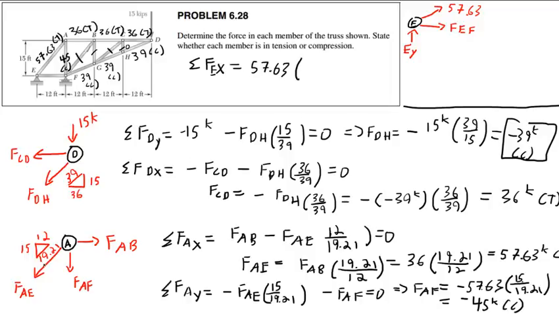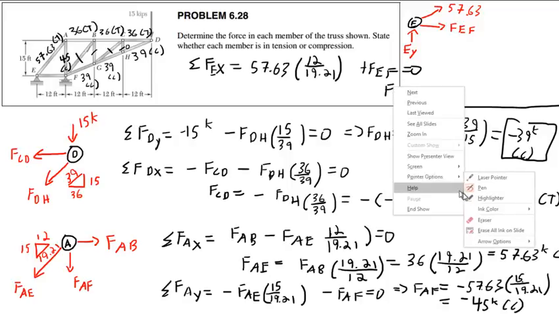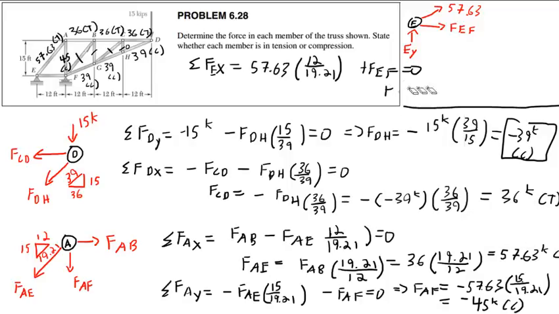Actually, no, 12 over 19.21, plus FEF equals 0. And from this, I can get FEF.